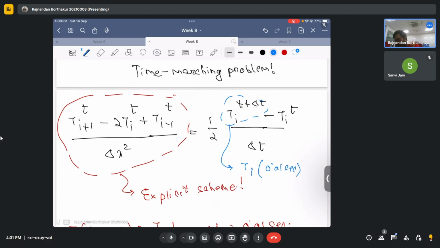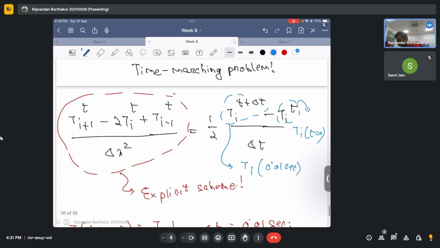And this T i of t would just be the T i at t equal to 0 seconds. Similarly, all these things would be the T i plus 1 at t equal to 0 seconds, this would be T i at t equal to 0 seconds, and this would be T i minus 1 at t equal to 0 seconds.